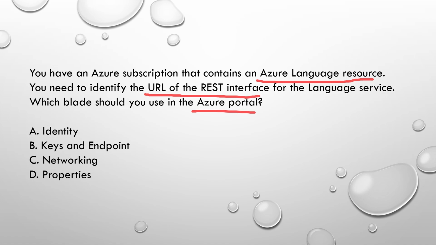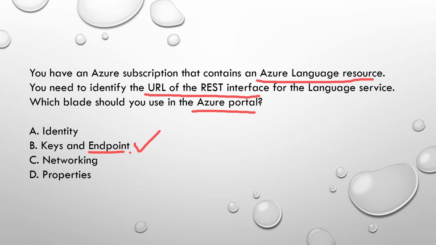It will provide the authentication keys and endpoint of our resource. That is exactly what we need. We need the URL of the REST interface of our service, so we can get that information from the endpoint in keys and endpoint of the Azure portal. Next is networking. It is regarding the networking details of our resource. Then properties, it will provide the resource ID, location, etc. regarding our resource. So the correct answer is keys and endpoint.